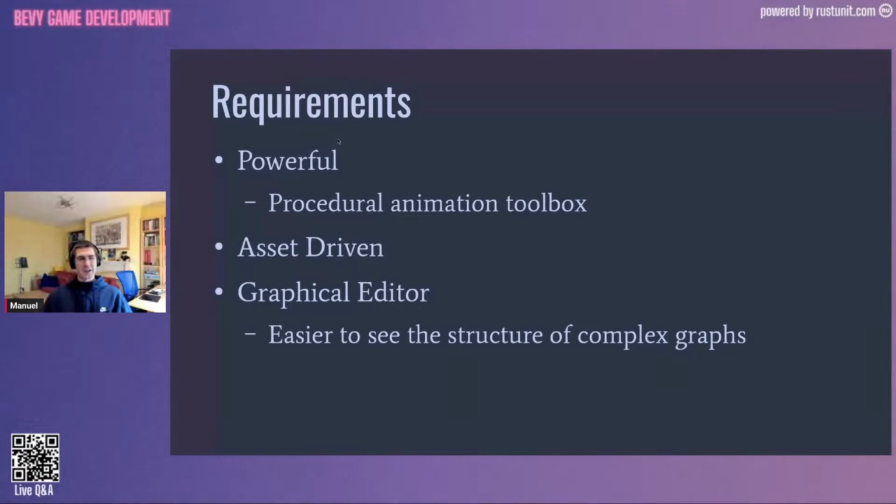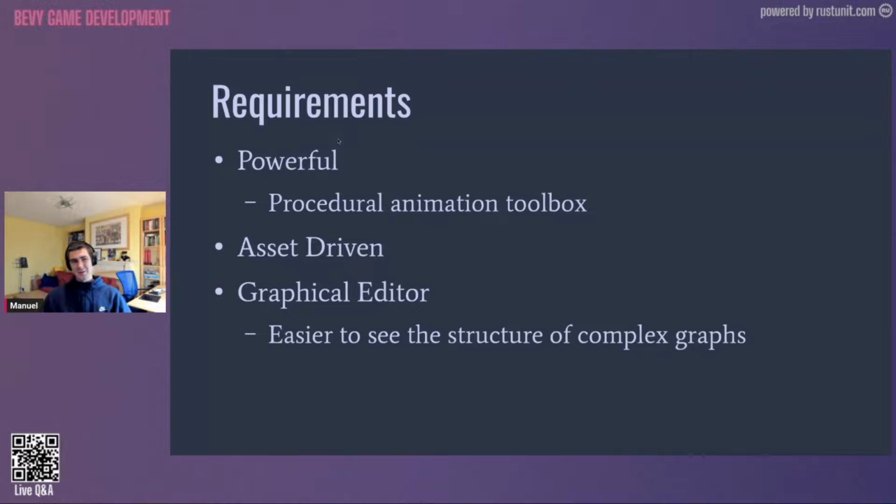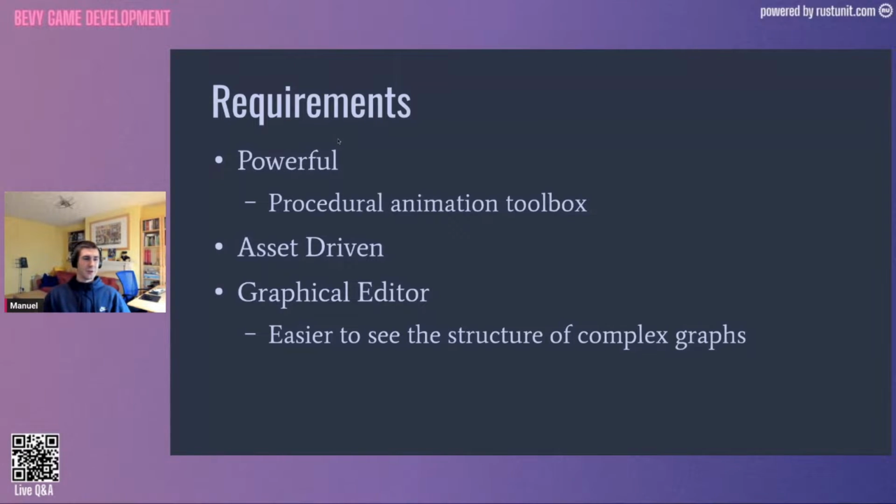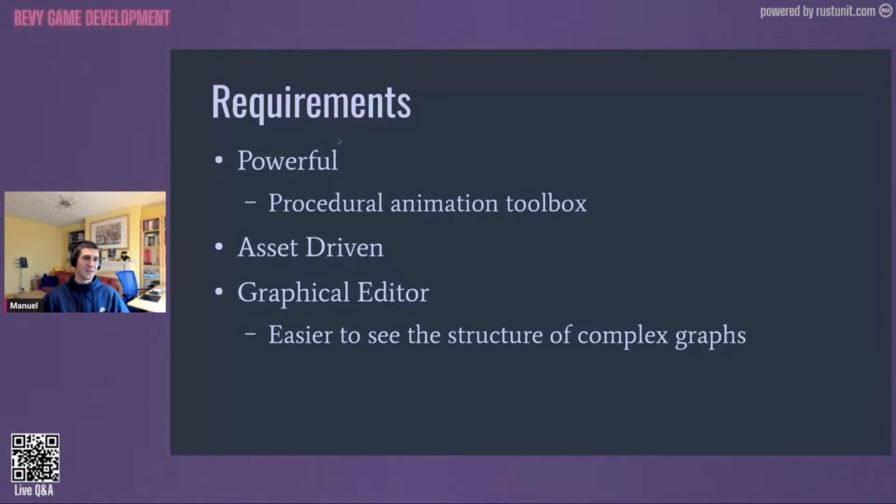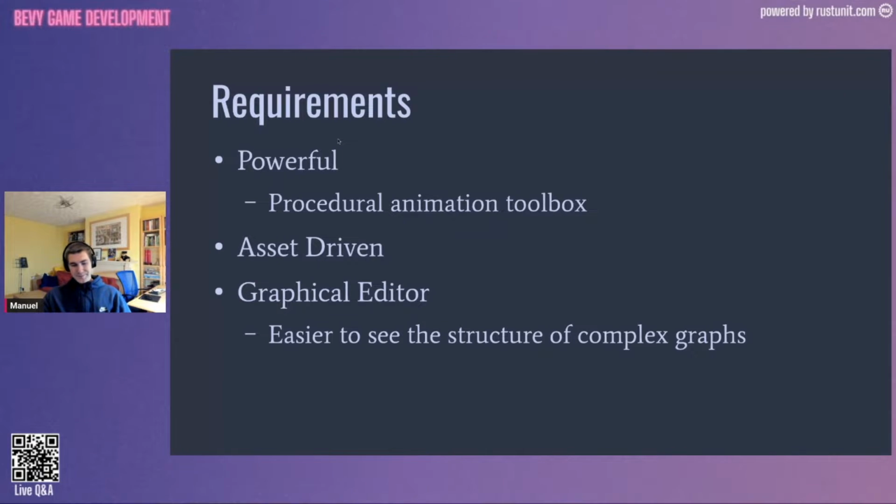Whereas if you have it in a graphical editor, you can see the structure at a glance, and for me, it's much nicer. So that's my logic for it. And that also influences the fact that if you want to be able to edit in a graphical editor, then it's preferable that it's asset driven, so you can load and save the assets using the editor. But that's what I want from it.